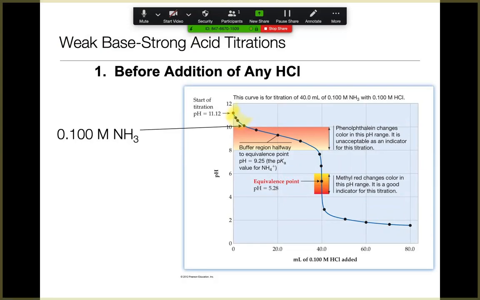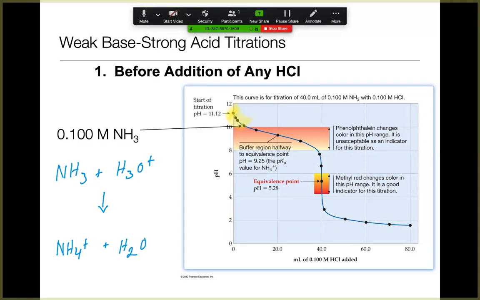Well, what's happening when that happens? So we start with ammonia. We're titrating in small amounts of strong acid, so we know it's going to be hydronium. I know I drew it weirdly because I'm going down. I'm trying to deal with the space that I have, but that's going to form ammonium, and that hydronium converts into water.